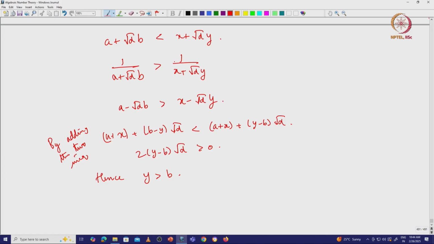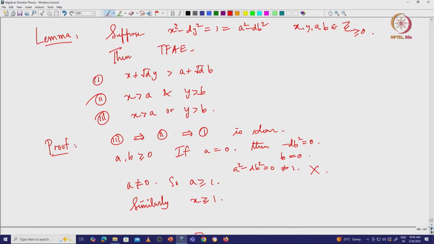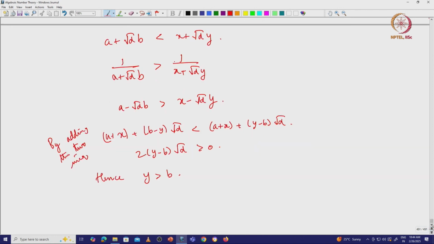So, this shows that 1 implies 2, and we still need to show that 1 is also the same as 3. So, we will finish this next time. Thank you.